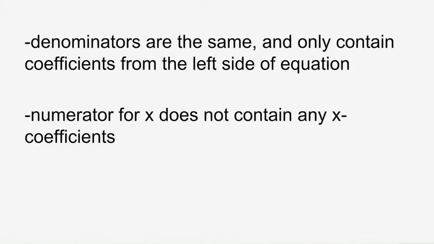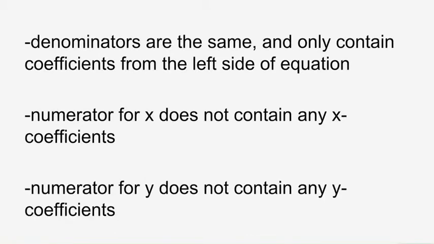Also, the numerator for X does not contain any of the X coefficients, and the numerator for Y does not contain any of the Y coefficients. So the X numerator does not contain an A, and the Y numerator does not contain an E or B. And so then we can use determinants to find the values of X and Y.